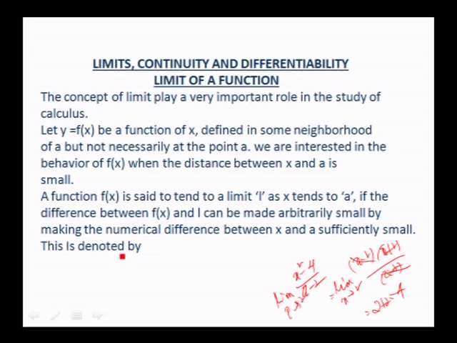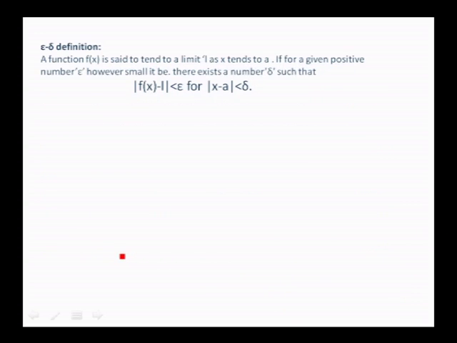This is denoted by limit of f(x) as x tends to a is equal to L. This means f(x) approaches the value L as x approaches the value a. So that is the concept of limit. f(x) takes values very nearly equal to L as x takes values very nearly equal to a, possibly not a itself.